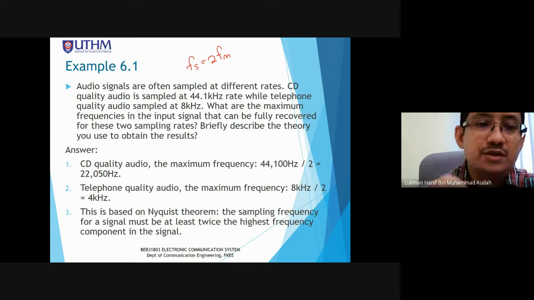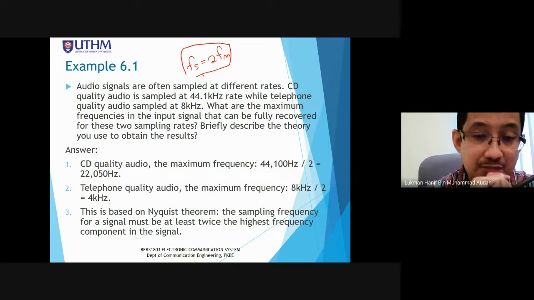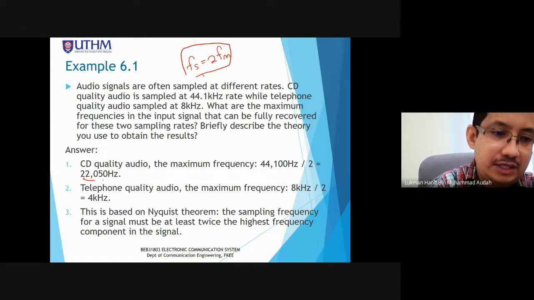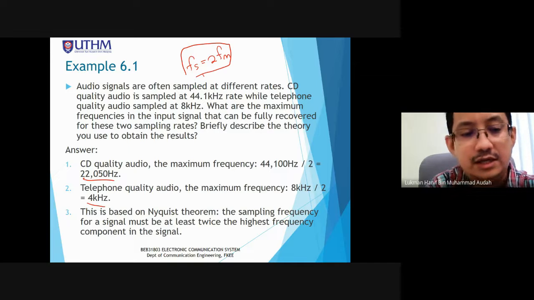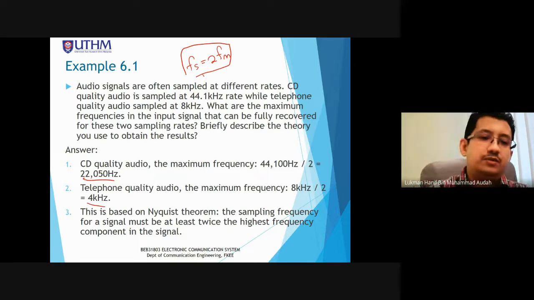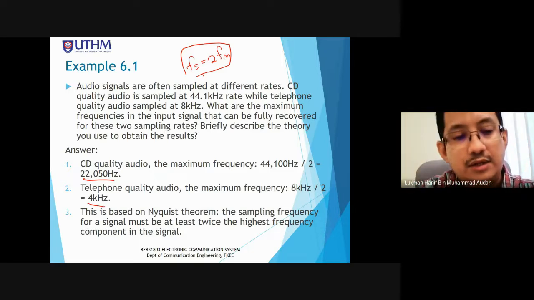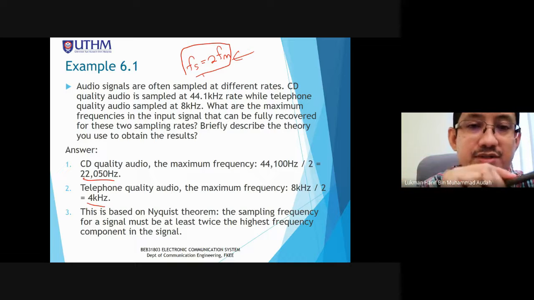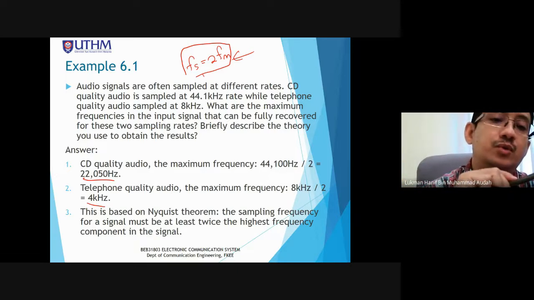Okay, so we use these equations to calculate the minimum sampling frequency. Okay, so kita dapat jawapan-jawapan ini. Dan teori yang kita gunakan untuk mendapatkan jawapan ini adalah based on the minimum Nyquist rate. So minimum Nyquist rate is Fs equal to 2 FM.